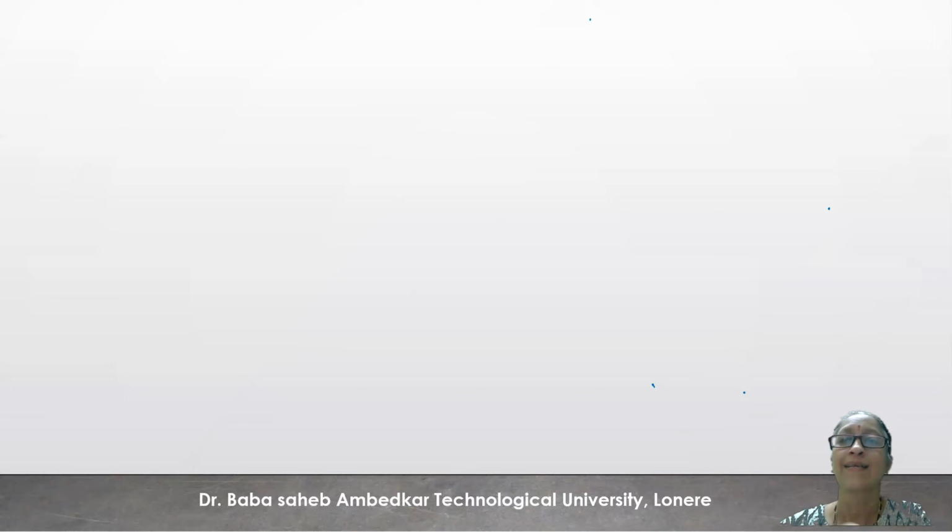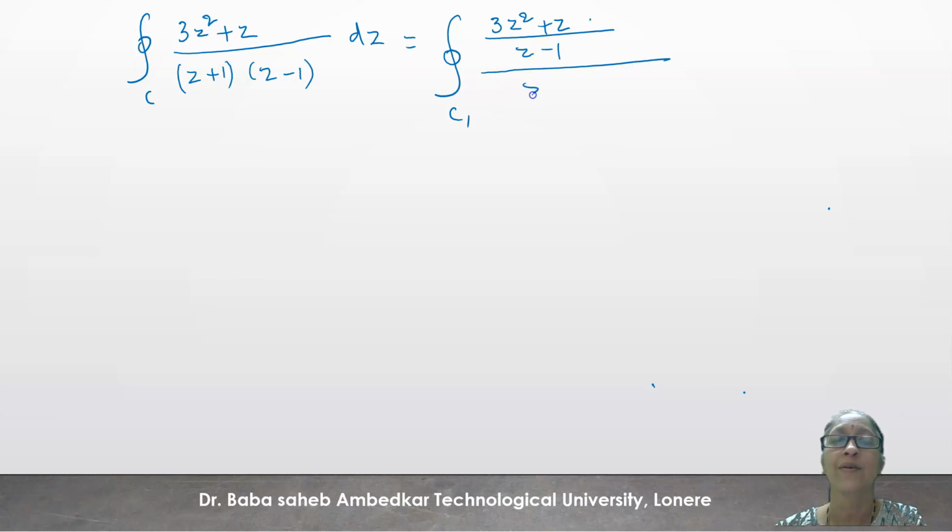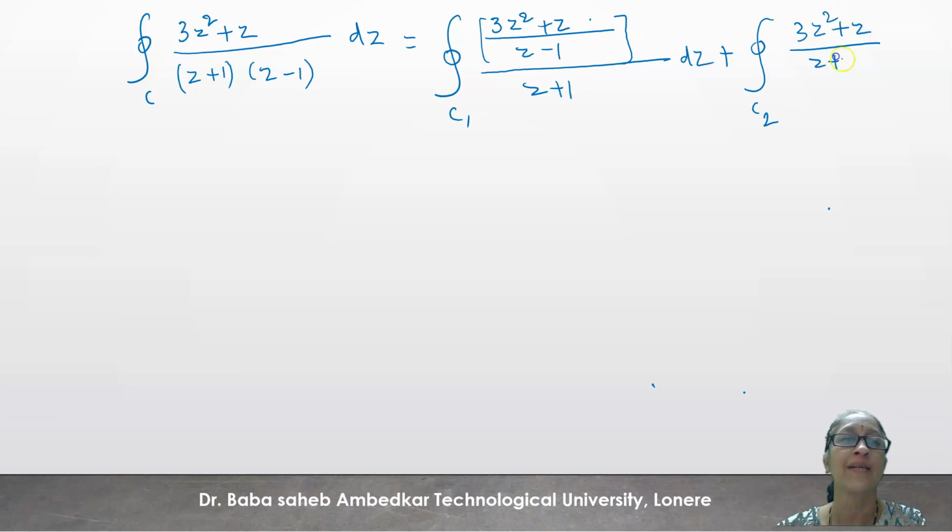So let us write this integral first. The integral of (3z square plus z) upon (z plus 1)(z minus 1) dz, let us write this integral as contour integral along C1, (3z square plus z) upon (z minus 1) by (z plus 1) dz, plus contour integral along C2, (3z square plus z) upon (z plus 1) upon (z minus 1) dz.